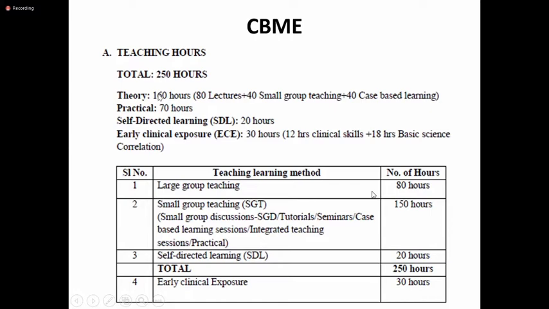Small group teaching takes place in different small class settings where 25 to 30 students will be accommodated, so that more personalized discussion can be done in small group teaching. And also 40 hours have been allotted for case-based learning.